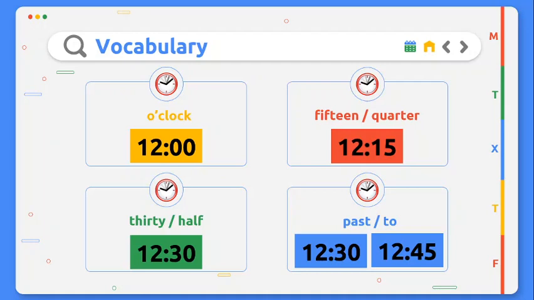In the other, you have 30 and half. For example, we have 12:30, that means 30 minutes, and past and to. As you can see, you have 12:30, or it's the same, 30 past 12. In the other example, you have 12:45 or 15 to 1.